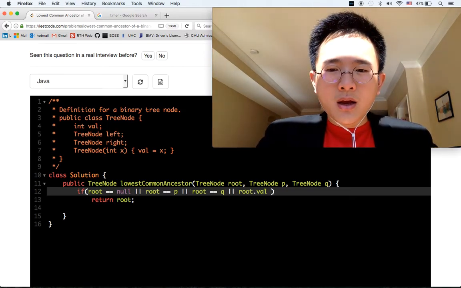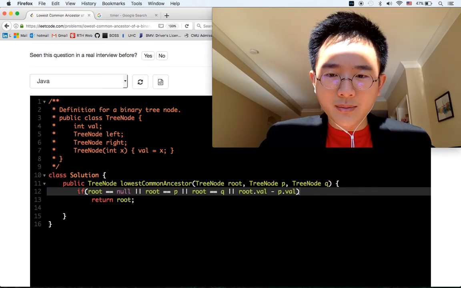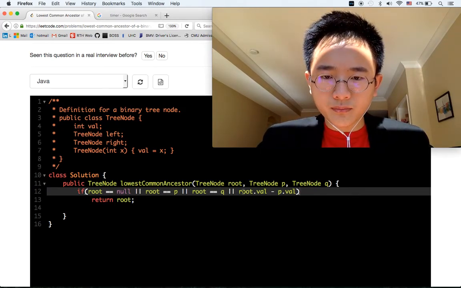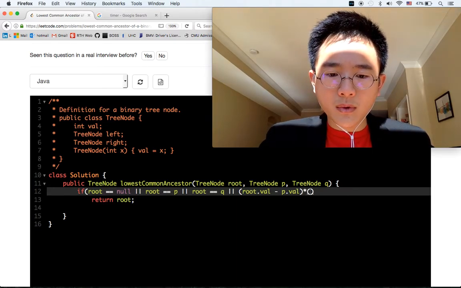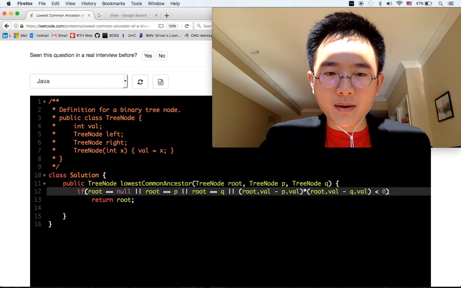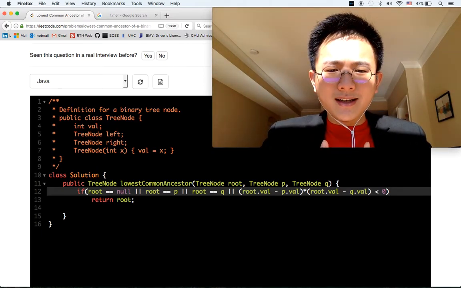So root value minus P value, times root value minus Q value, is less than 0, then we also return root. So either one of the nodes is equal to root or the root is between these nodes.